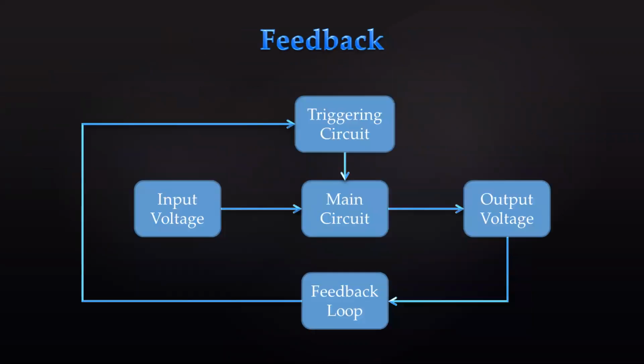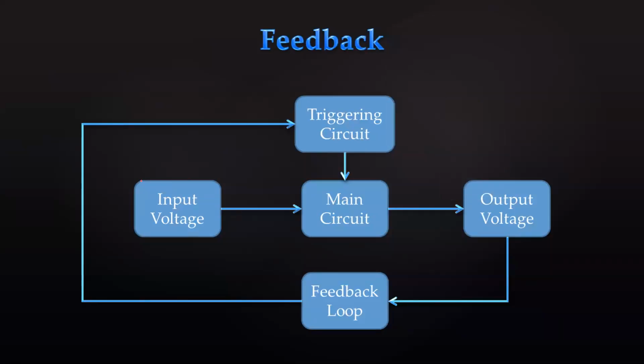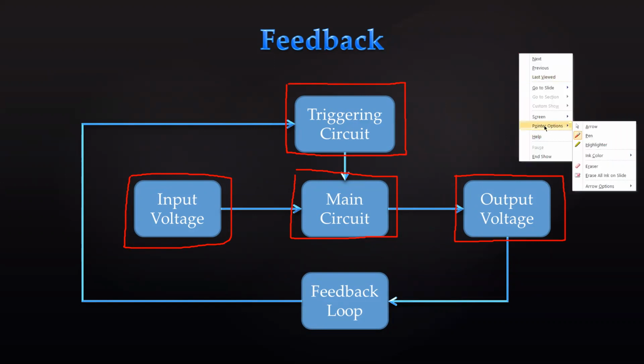So this is the main feedback circuit. As we know, this is our input voltage. This is our main circuit. Here we will get some step down voltage, right? And this is the triggering circuit, which will trigger our semiconductor switch like a MOSFET or IGBT.